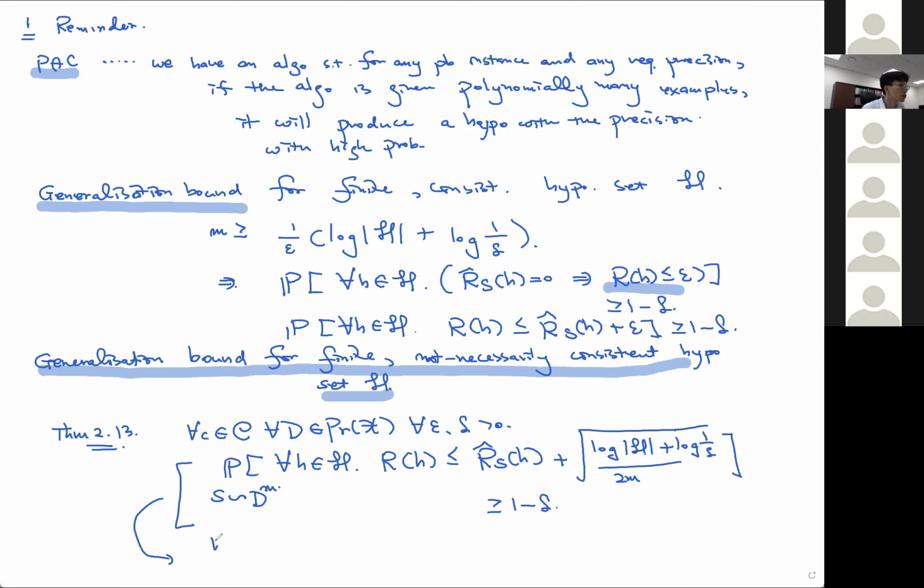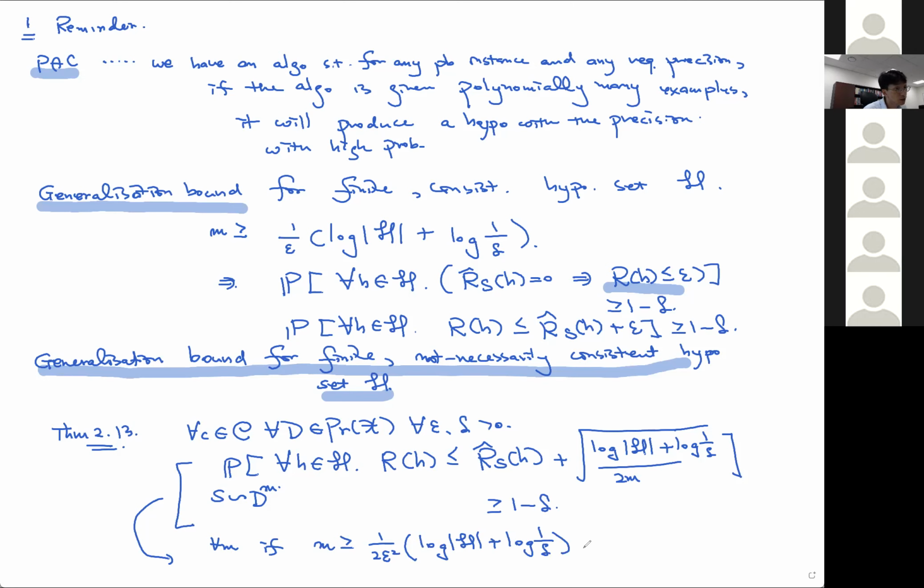Say for all samples, if the number of samples m is greater than 1 over 2 epsilon squared times log of h plus log of 1 over delta.